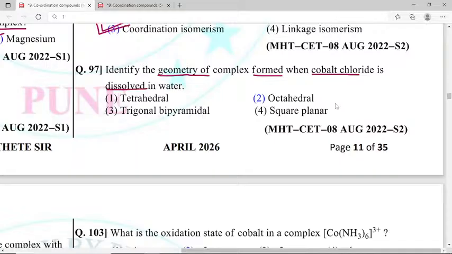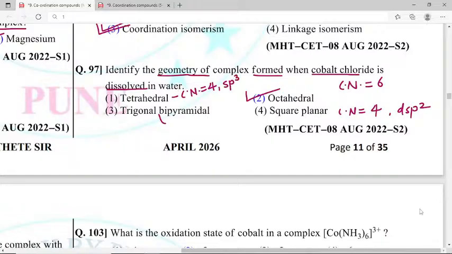It is octahedral because the coordination number is 6. Square planar has coordination number 4 with dsp2 hybridization. Tetrahedral has coordination number 4 with sp3 hybridization. Trigonal bipyramidal has coordination number 5 with sp3d hybridization.